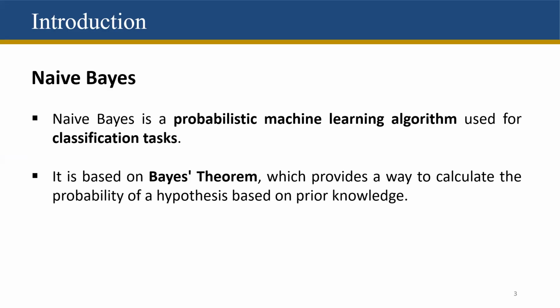So the question is, we are saying that the naive Bayes is based on the Bayesian theorem, which provides a way to calculate probability on a hypothesis based on prior knowledge. The prior knowledge is very important in the sense that we know that in the deck of cards, each class, in this case the hearts, spades, or all those things, has, I think, about 8 members each.